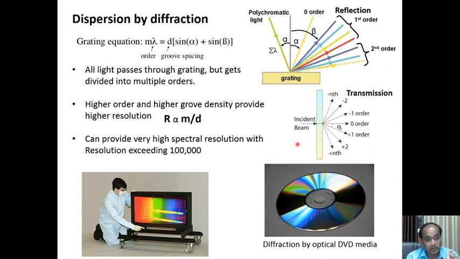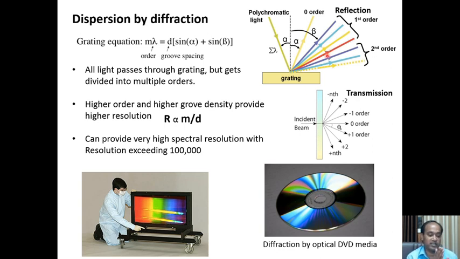I'm sure most of you have read about diffraction grating. So there's a famous grating equation, which is, you know, that you have the order of the diffraction, m, multiplied by lambda is equal to d (sin alpha + sin beta), which if you go to any primary elementary optics book, you come across that, where d is the groove spacing.